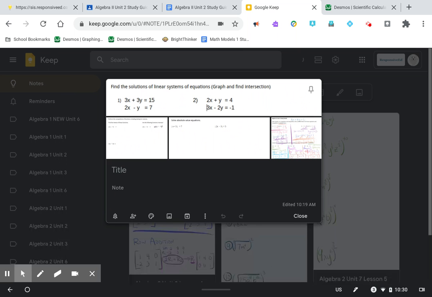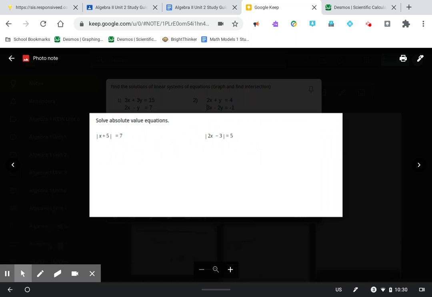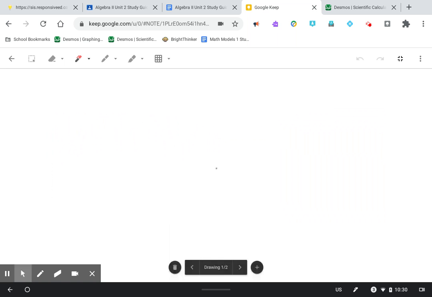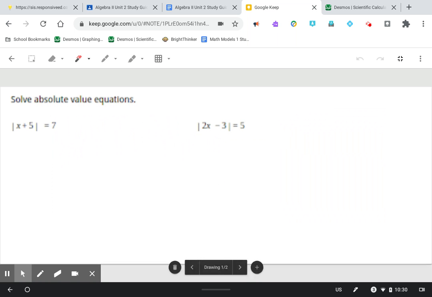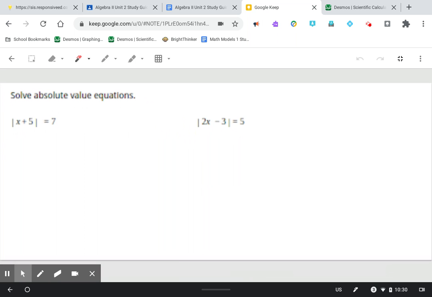All right. And let's see what comes next. I believe the next thing here was solve absolute value equations. Again, more solving of equations. I have here x plus 5 inside absolute value equals 7. So remember, when this happens, you have to do 2 equations. You have to do the equation x plus 5 equals 7.